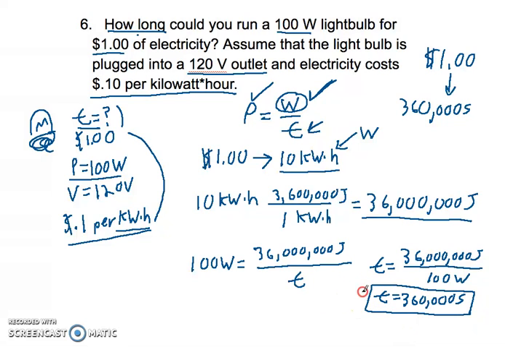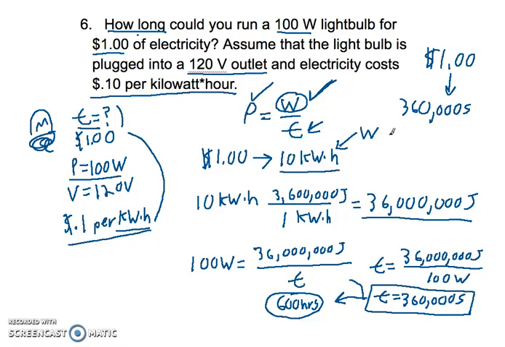But if we convert this to hours by dividing by 3,600, this would be the equivalent of 1,000 hours. What's boxed is fine, but the hours is a little nicer to look at. So if we have $1, you can run that light bulb for 1,000 hours.